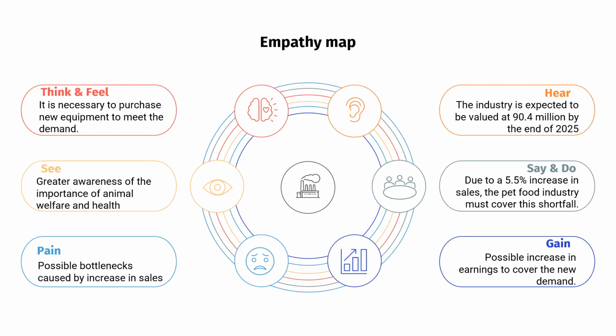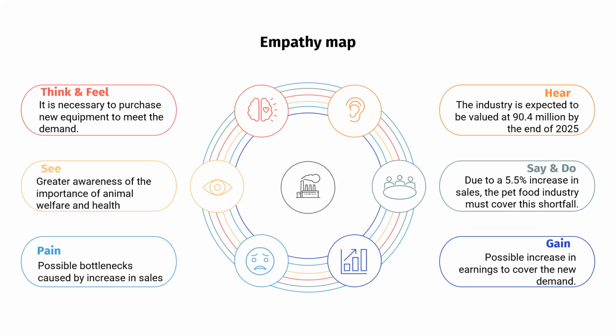Given this, we have the empathy map. To start, the think and feel: if the sales grow, the industry will need to cover this increase, so they will need to purchase new equipment to meet this new demand. What they hear is the fact that I said before, that the industry is expected to be valued at $90.4 billion by the end of 2025.